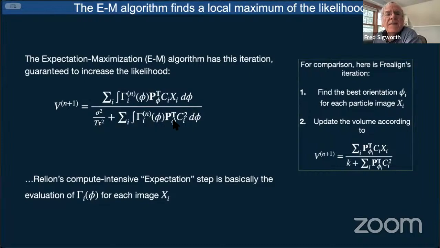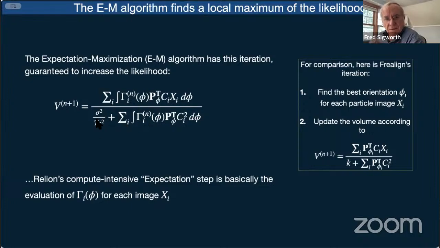And the denominator uses a similar kind of normalization. Remember, FREALIGN had CTF squared. Here we have CTF squared, but we're again doing the integration over all phi values using this gamma function.